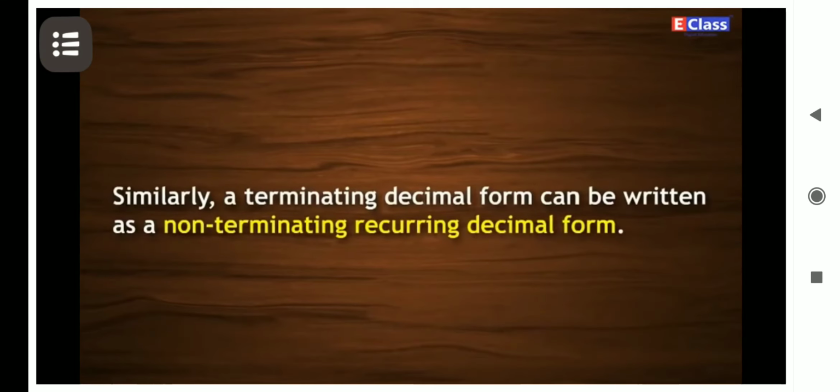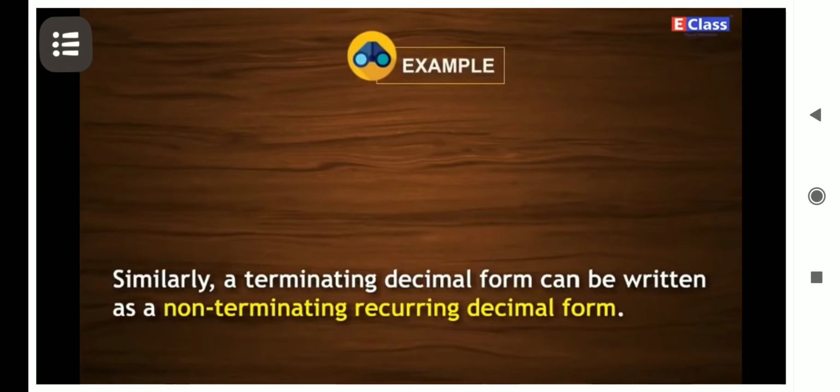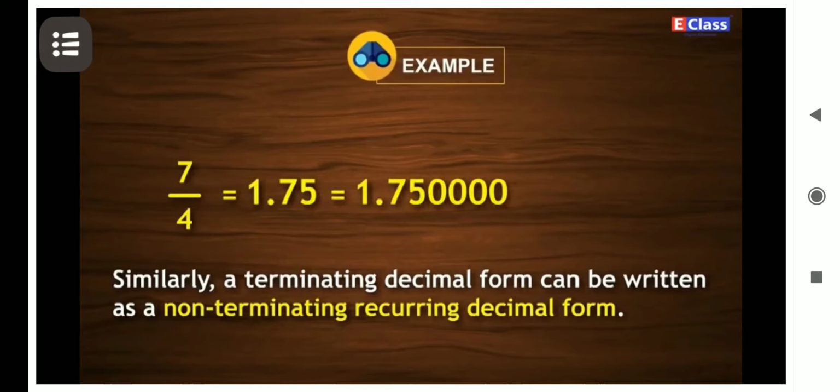Similarly, a terminating decimal form can be written as a non-terminating recurring decimal form. For example, 7 by 4 is equal to 1.75, which is equal to 1.750000, which is equal to 1.750 dot.